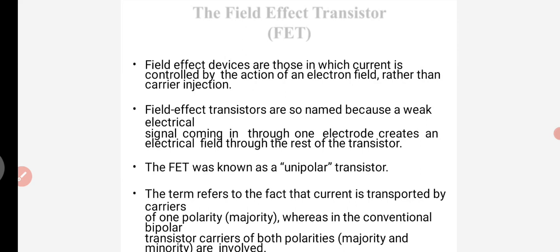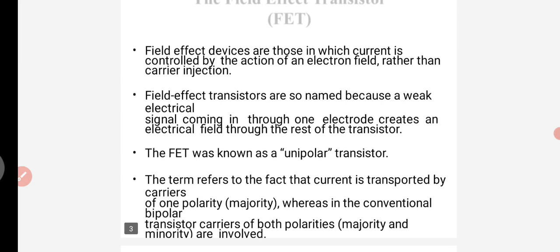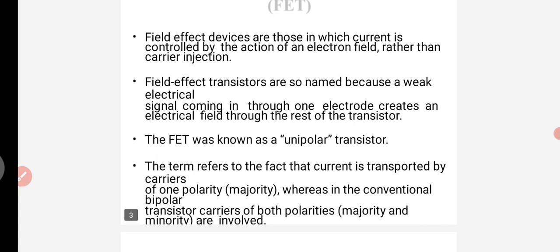That means a weak signal passes through the electrode, and this electrode will create the electric field through the rest of the transistor.